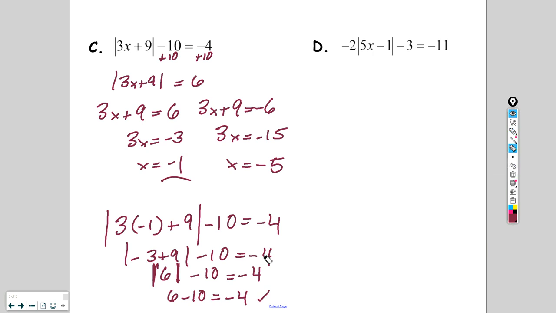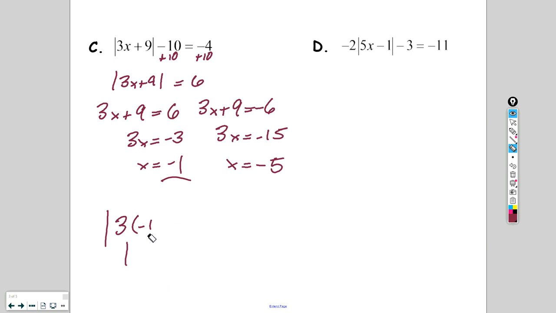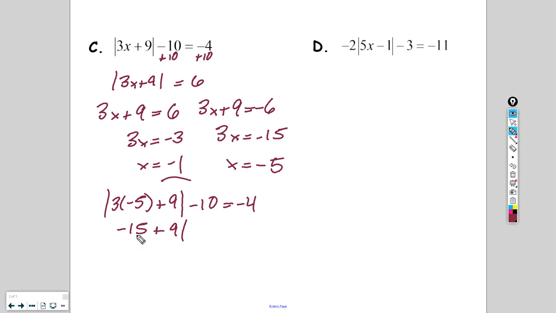All right, now let's do the same thing for -5. So if we plug -5 in, three times -5 is -15. -15 plus 9 is -6.